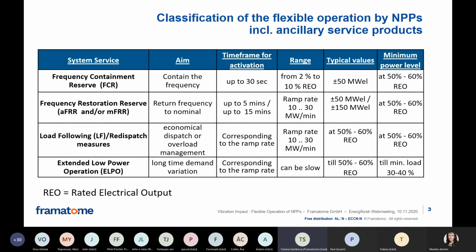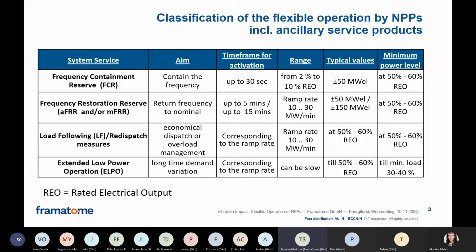This table is based on the grid services the plant is performing. They have frequency control, primary, in 30 seconds, but in Germany this is already carried out as a step of 2 to 10% of rated electrical output. Sometimes it could be even a 150 megawatt step, which is very fast, within 30 seconds.